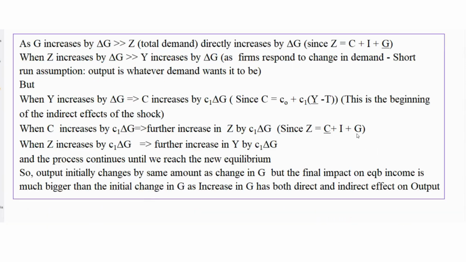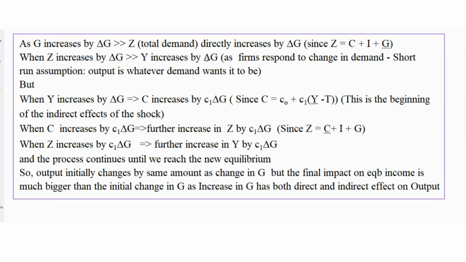As G increases by delta G, total demand directly increases by delta G, because G is one of the components of Z. Now, when demand increases by delta G, Y also increases by delta G as firms respond to changes in demand, because remember, our short-term assumption in this model is that output is demand determined.